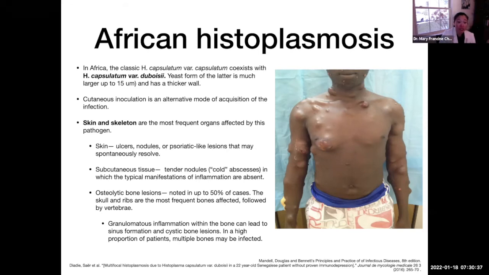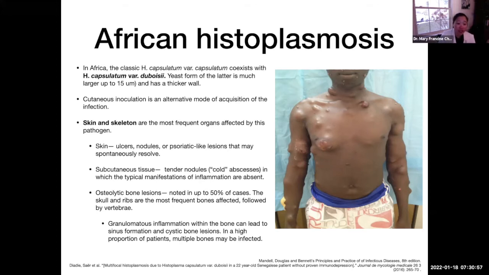For skin, you have your ulcers, nodules, or psoriatic-like lesions. They can spontaneously resolve. If your subcutaneous tissue is involved, you can have tender nodules or cold abscesses, in which the typical manifestations of inflammation are absent.